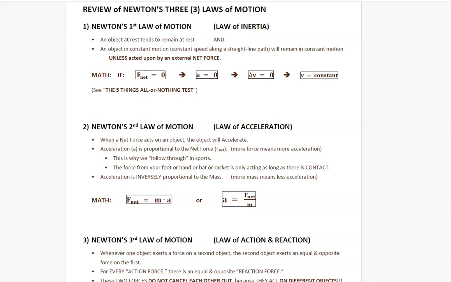The delta V is zero, and that means that the velocity is constant. It is very important to remember, it does not mean the velocity is zero. It means it's constant. It could be constantly zero, or it could be constantly some other value, positive, negative, or at some angle. All right.